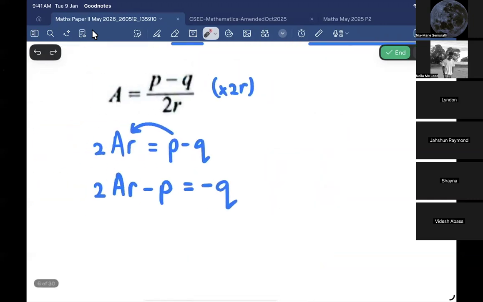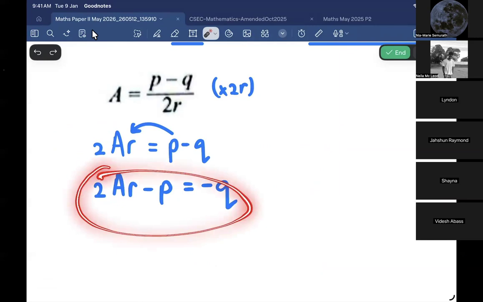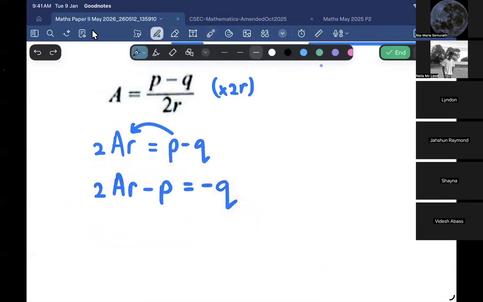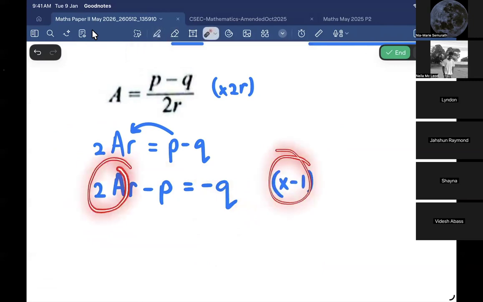So if I want to get positive q, what would I multiply both sides by? Negative 1. Correct. So what's negative 1 times 2ar? So you have a positive here times a negative.